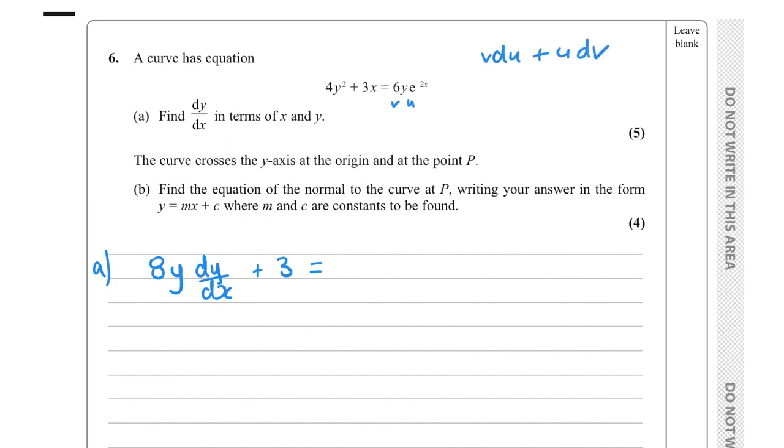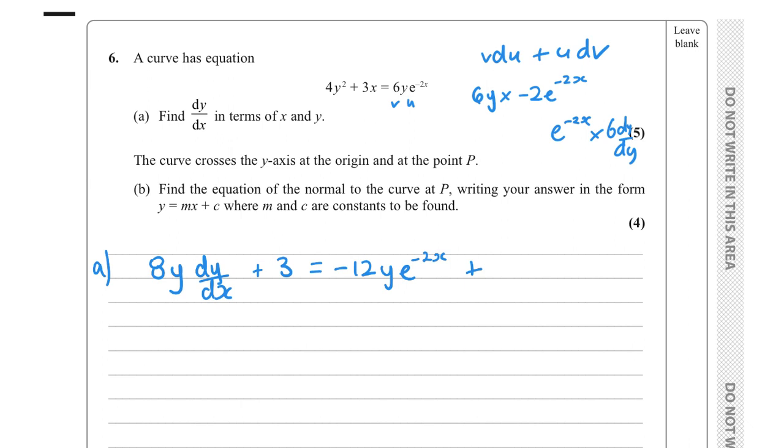Okay, this is pure free. So what is v? 6y multiplied by, what is e to the minus 2x differentiated? Minus 2e to the minus 2x. So it's going to become minus 12y e to the minus 2x plus u, which is e to the minus 2x, multiplied by 6y differentiated, which is 6 dy by dx.